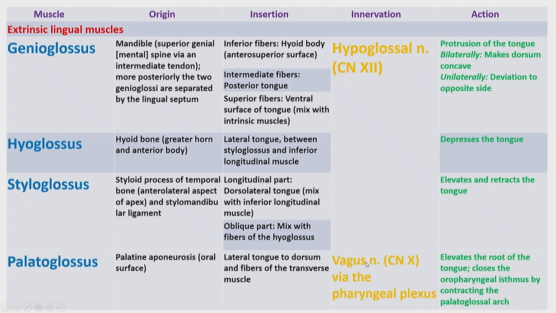It has a different innervation from other muscles of the soft palate, except the tensor veli palatini, which is innervated by a branch of the vagus nerve, which makes the pharyngeal plexus together with cranial nerve number 9. So this is the extrinsic muscles, and about their function we already discussed.